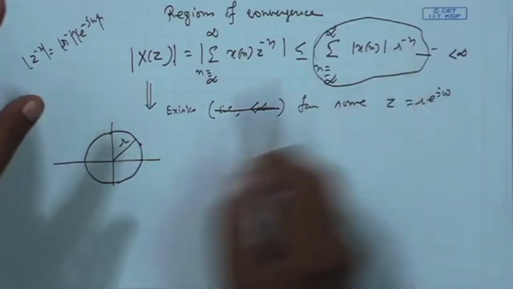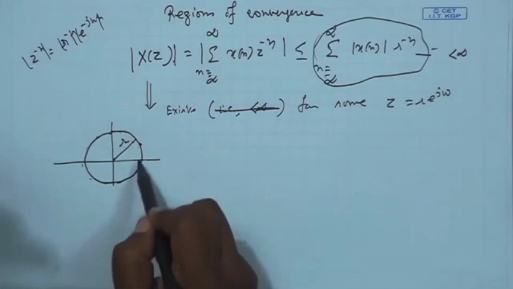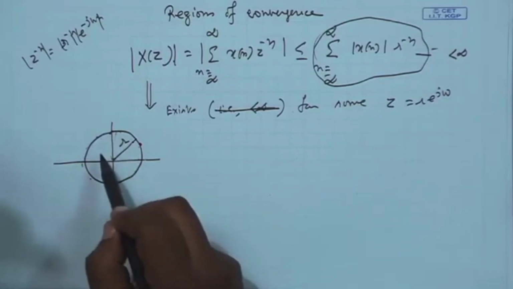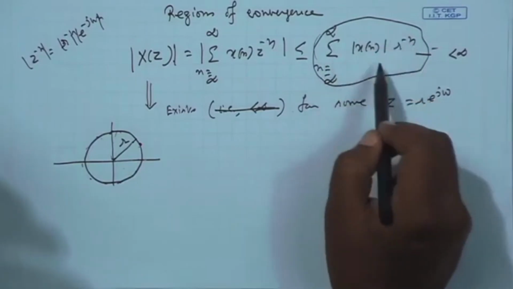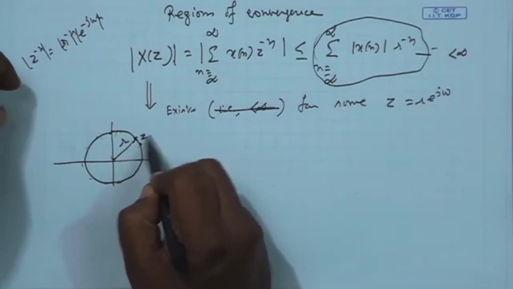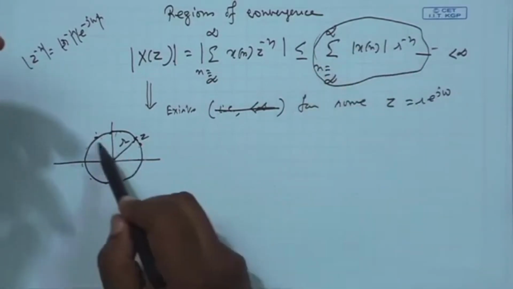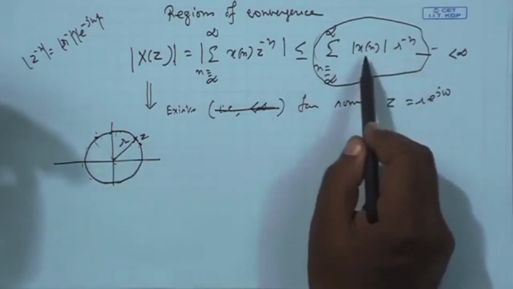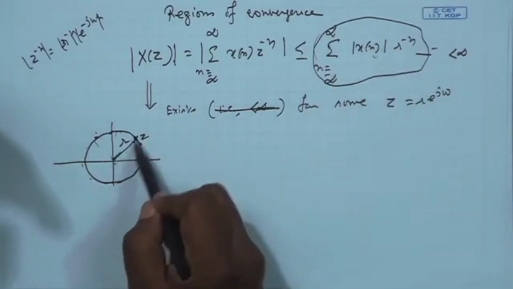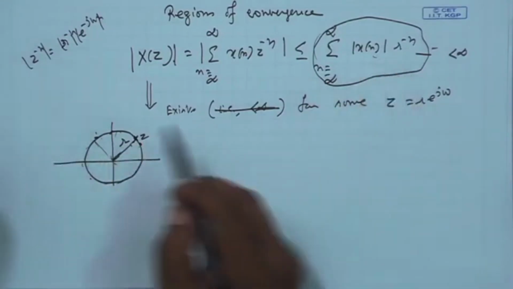So, if I draw a circle of radius r, at any point on this circle we will have the same magnitude r. Omega will vary, but since this summation does not depend on omega, whether my z is here or here, whatever z I put, the same r will come, and if it is finite for any one z, it will be finite for any other z, because their r value is the same.